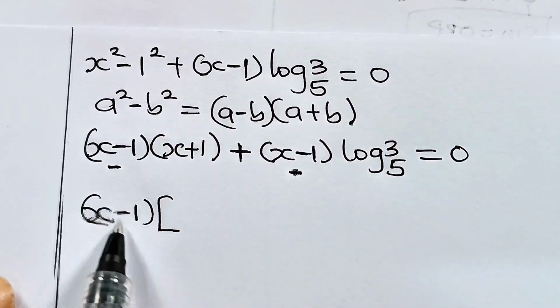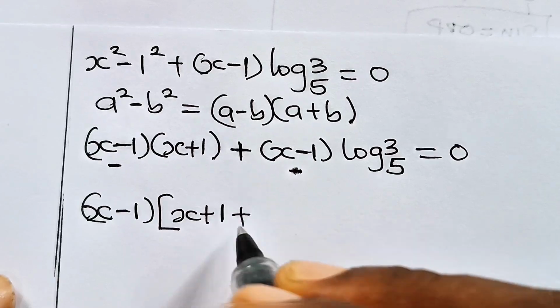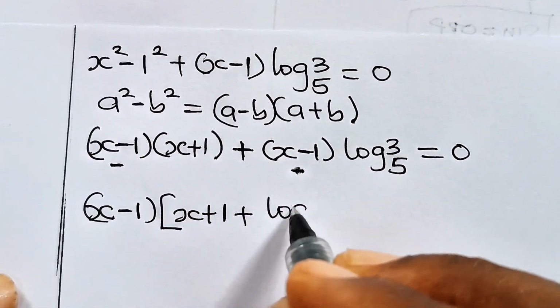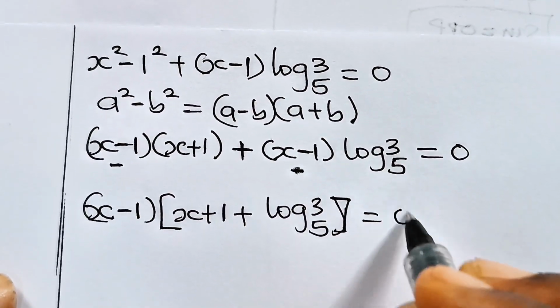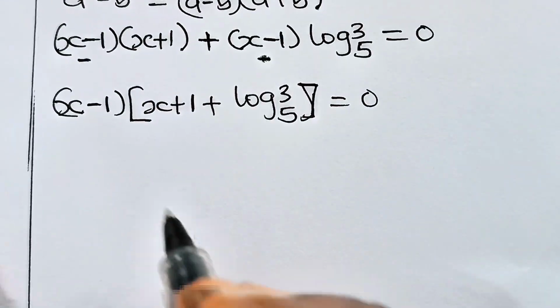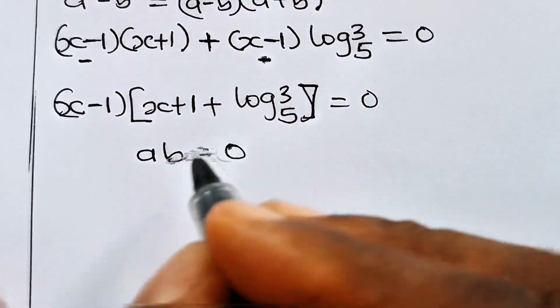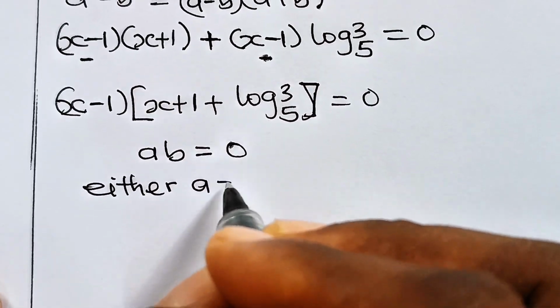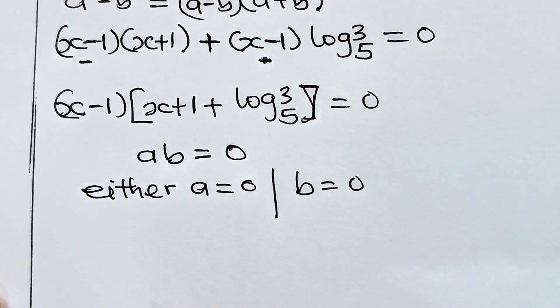Now when this divides this, we have this x plus 1 plus, when this divides this, we have this log 3 base 5 is equal to 0. Now remember that if a multiplied by b equals 0, then either a is equal to 0 or b is equal to 0.